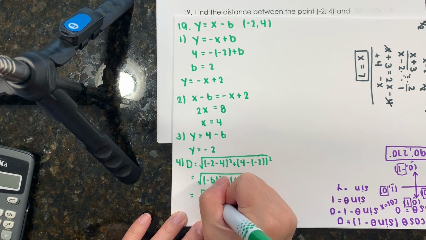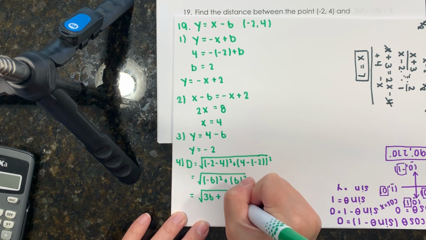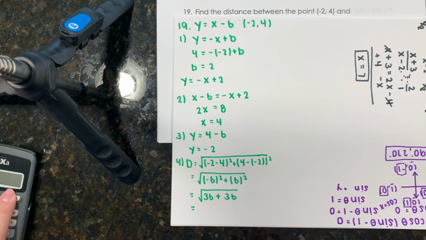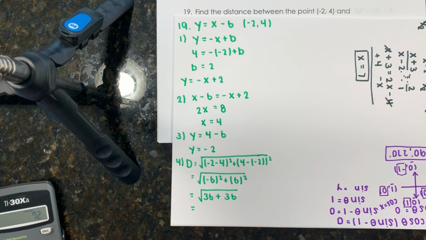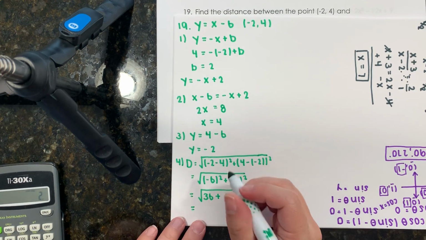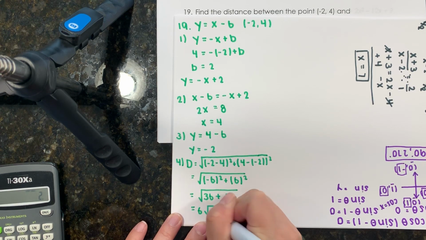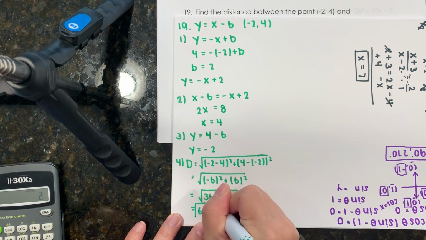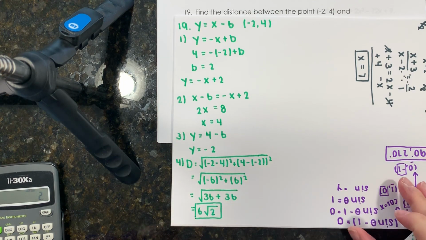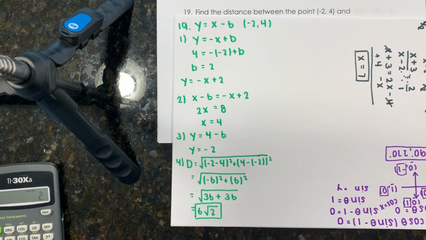So I have 36 plus 36. Now the square root of 72 can be simplified to 6 square root 2. And that would be your distance.